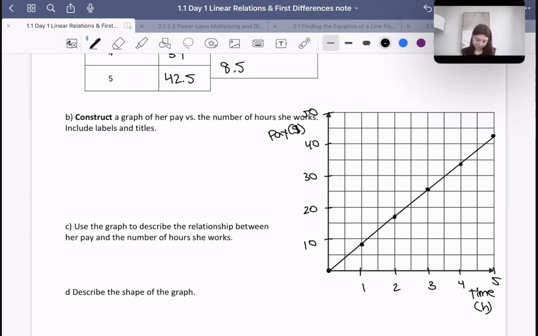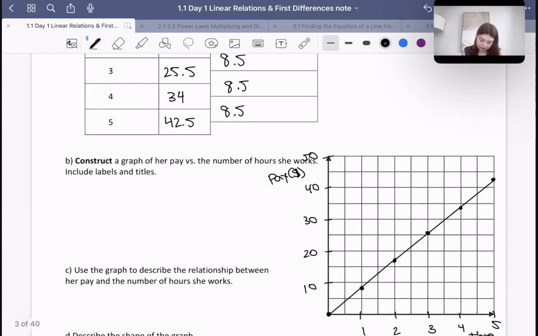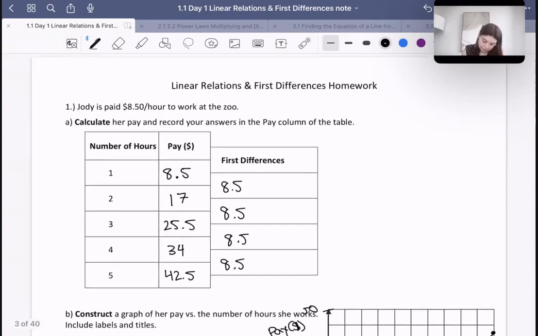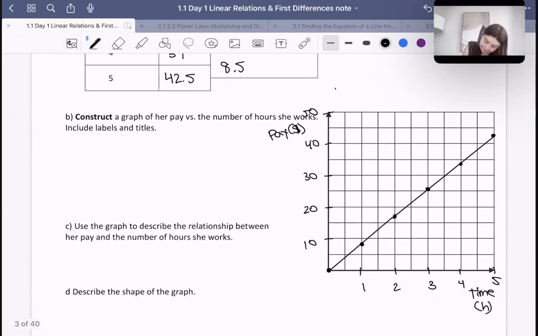Okay, the next one says, and it says include labels and titles. I did include labels. I didn't include a title, so I'm going to title this graph. What was her name? Jody. Jody's pay. Jody's hours versus pay is what I will label it.